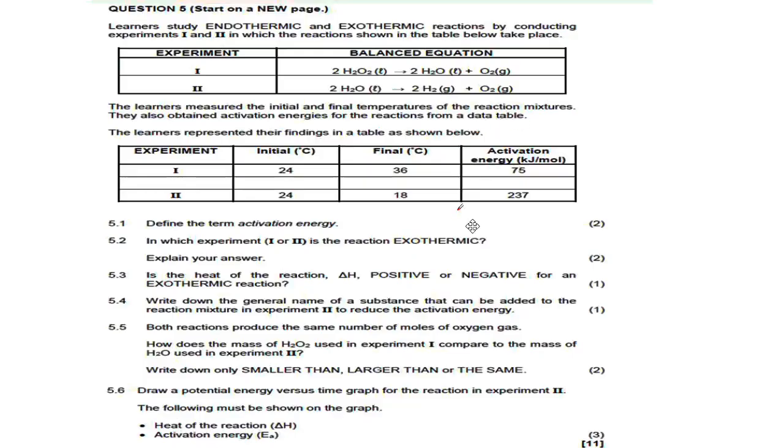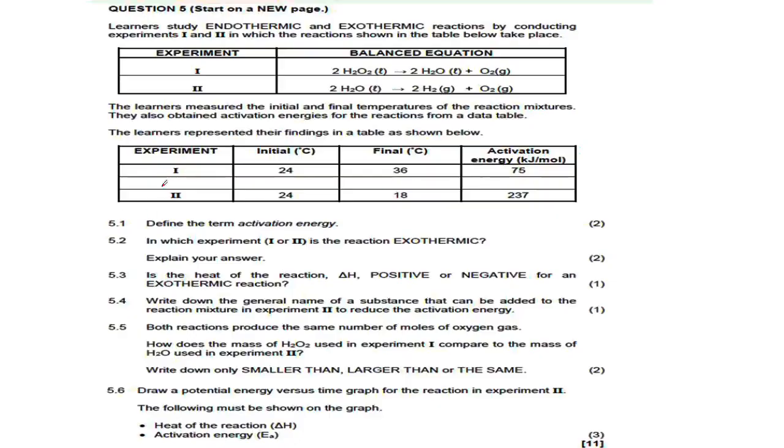So now looking at this one, we can see that we are given now experiment 1 with an initial temperature of 24, but then a final temperature of 36 degrees. That means now energy increased here. So that means heat was released. Why is there an increase in temperature? Because heat was released. So you can see the activation energy is 75 kilojoules per mole.